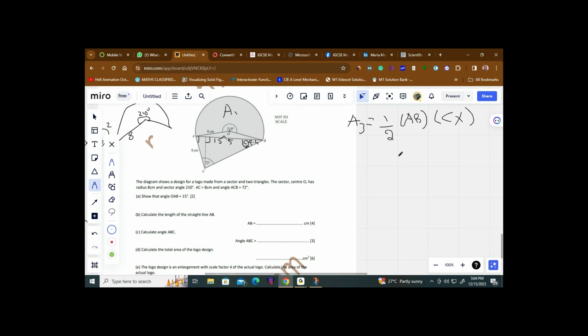So my angle CAB can be obtained by subtracting the given two angles from 180. This is going to give me 78.6 degrees. So this angle, this one that I'm just going to color, has the value 78.6 degrees.